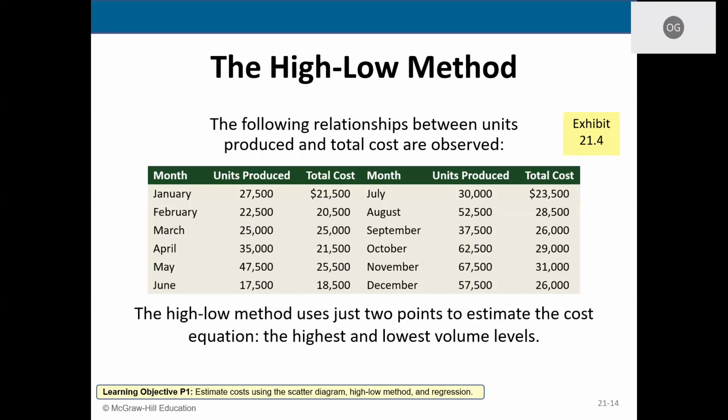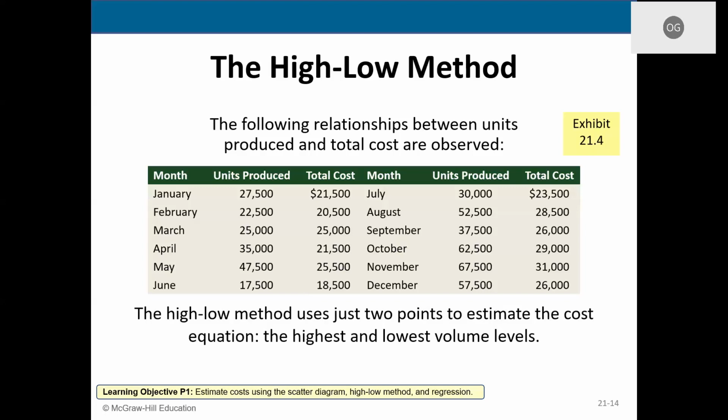Go ahead, Oscar. So what does that mean? November is the highest unit produced, but the total cost is only 31,000. June is 17,000 units and the total cost is 18,000. What does that mean?